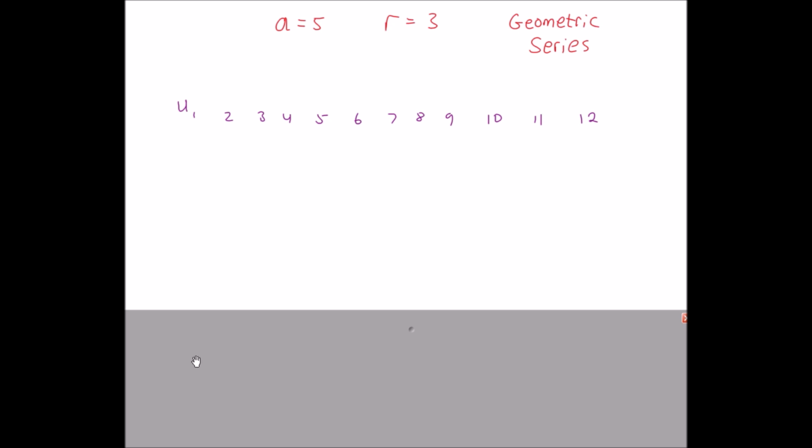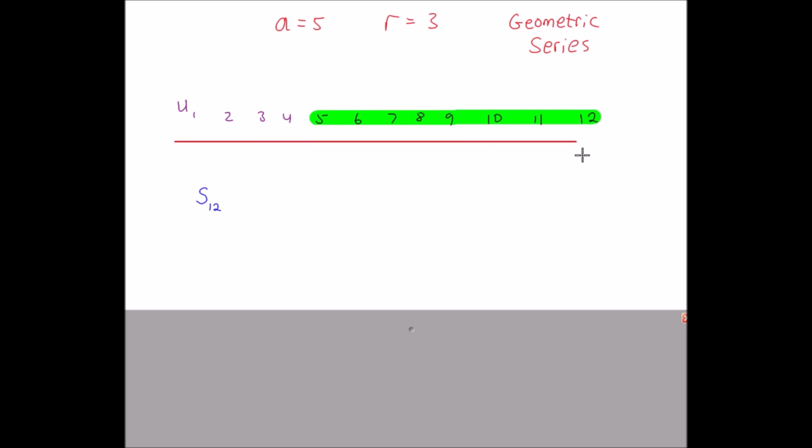So if we were to list out all of the terms, u1, u2, u3, all the way up to u12, what we want are these terms. But if I work out the sum of the first 12 terms, we've actually worked out the sum of all of these.